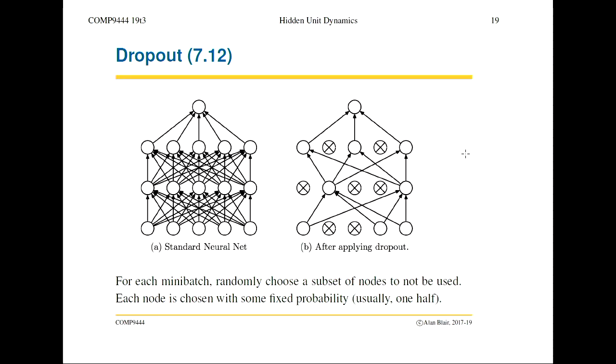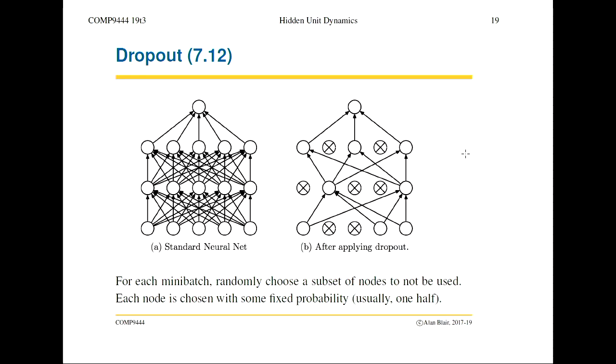The ones that are marked as X are not included. Usually it's just hidden nodes, but sometimes inputs are dropped out as well.